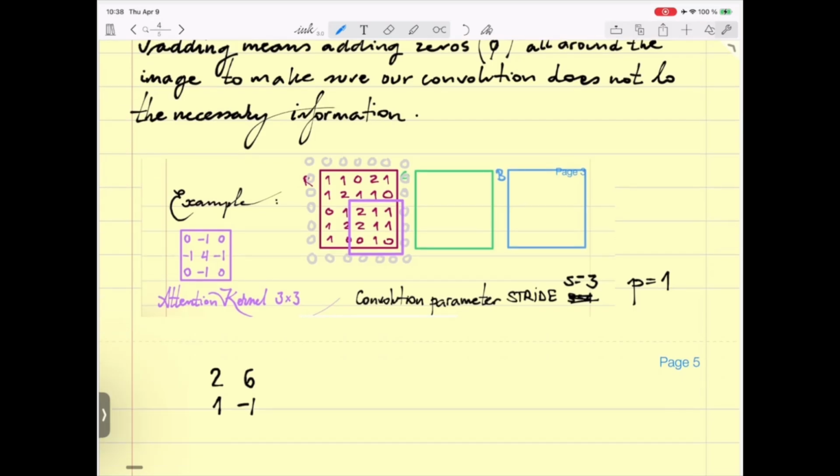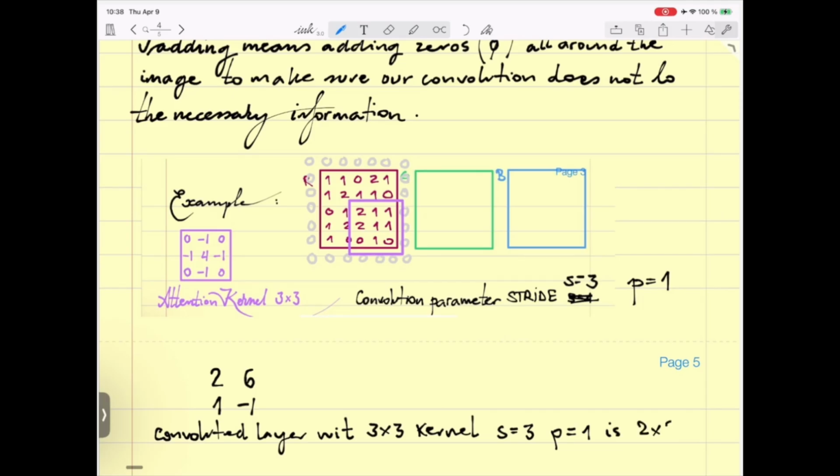So the result, the convolution layer with 3 by 3 kernel, stride 3, and padding 1 is 2 by 2. Okay? So we have a compromise. We have reduced our computation time without losing information. Of course, we cannot continue, right? Because we are out of bounds. All right, is your question answered?